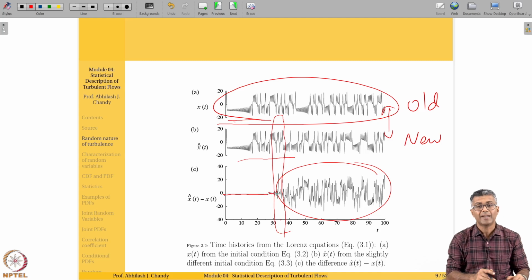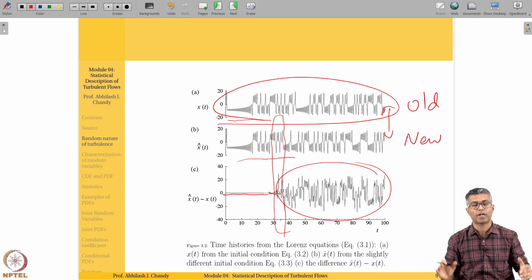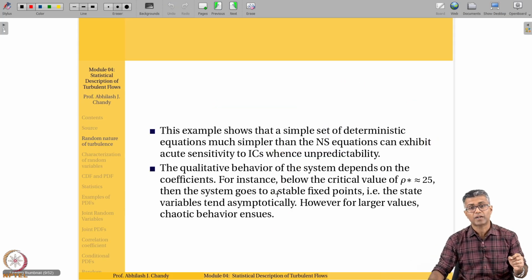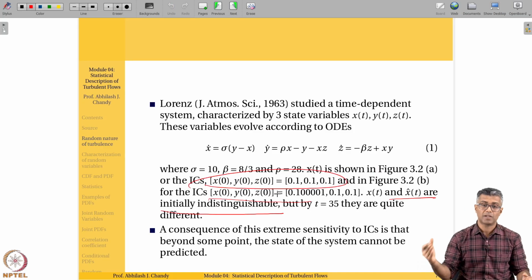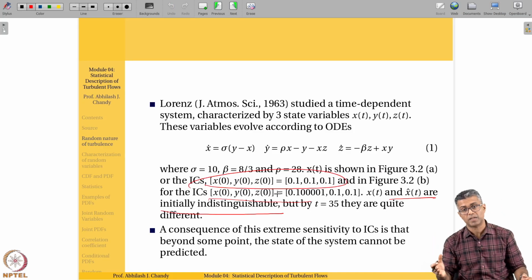From here on, it actually amplified as we went forward, and then it sort of went out of control. And this is in fact for a much simpler system than the Navier-Stokes equations, isn't it? You have a system of ODEs, whereas in the Navier-Stokes equations it's a system of PDEs, partial differential equations.